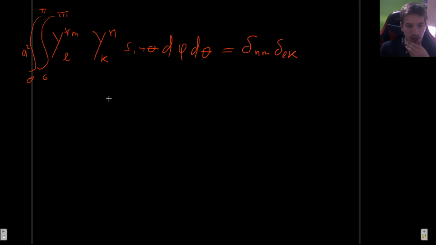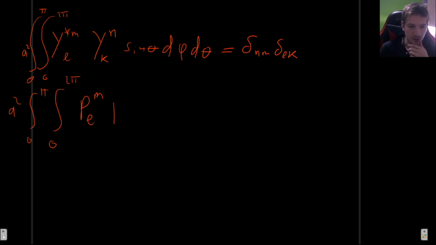And how are we going to do this? Let's write the form of these spherical harmonics. So this is going to be A squared, 0 to pi. I think that before I had written the A inside of the spherical harmonics, but it's the same, so just make sure not to write it twice. In this first case, it's going to be P_LM. This is real, so taking its conjugate will not do anything.